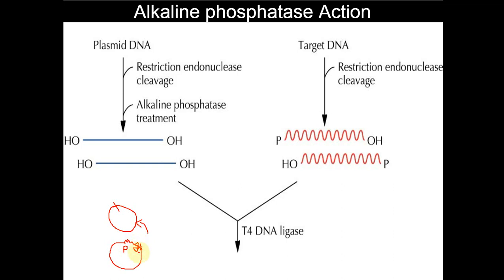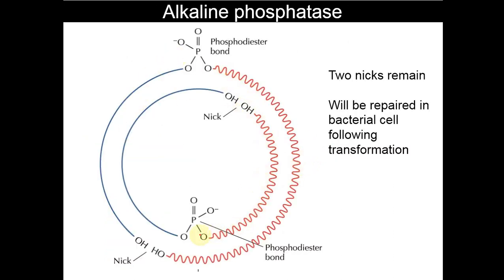To prevent this, these phosphate groups are removed by treating with alkaline phosphatases. So all the ends will have OH. Since the phosphate group is removed, what will remain is OH, so these ends cannot rejoin to form a circular DNA. Then this vector DNA, when mixed with the target or foreign DNA, or a gene of interest, can join like this.